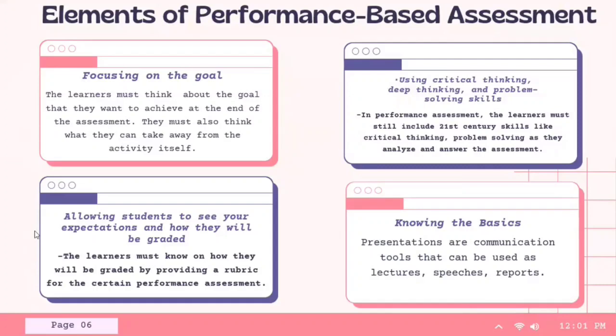So next will be using critical thinking, deep thinking, and problem solving skills. In performance assessment, the learners must still include 21st century skills like critical thinking and problem solving as they analyze the answer in the assessment. So here, of course, the teacher will give a problem, and in this performance assessment, they need to solve it through this activity.